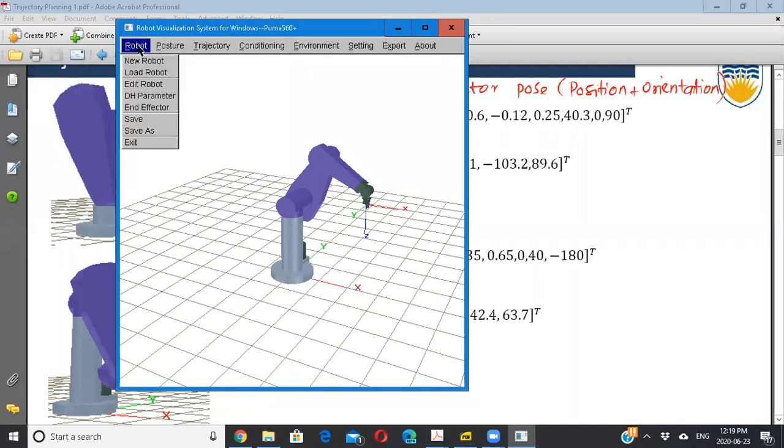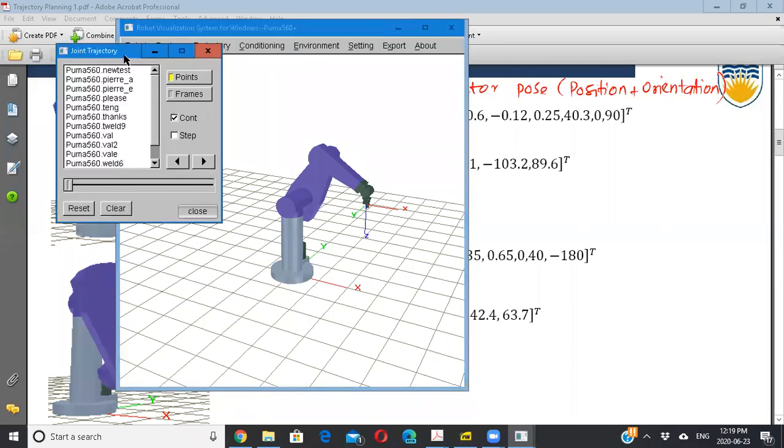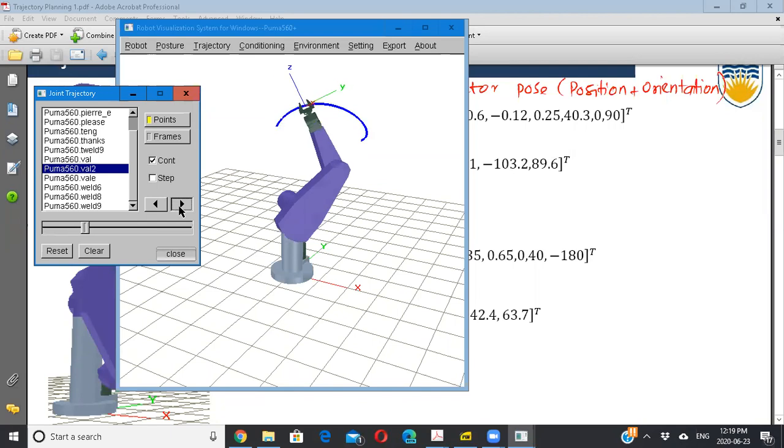Okay, and now I want to give it a joint trajectory. Let's say I just pick any joint trajectory, and I want it to trace this path. Okay, so right now it's just a path. We are not concerned with the velocity with which we should trace this path. So if I ask it to follow it, it would just go from that initial to final.